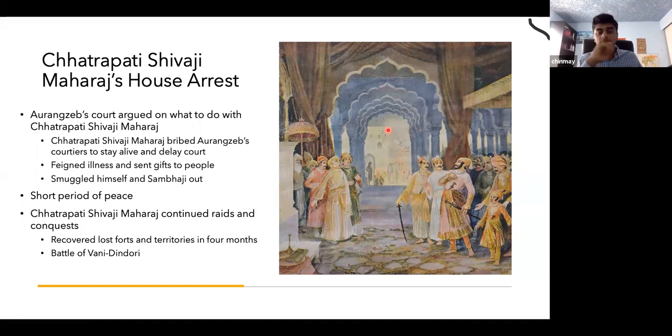And all these forts that we mentioned, the 23 forts he lost, he recovered most of those territories from the Mughals in just a matter of 4 months. And there was the battle of Vani Dindori, in which the Mughals tried to stop Shivaji once they realized Shivaji had continued his usual business. In that battle, Shivaji completely eradicated the Mughal invaders, so it allowed Shivaji to even more boastfully continue his invasions.